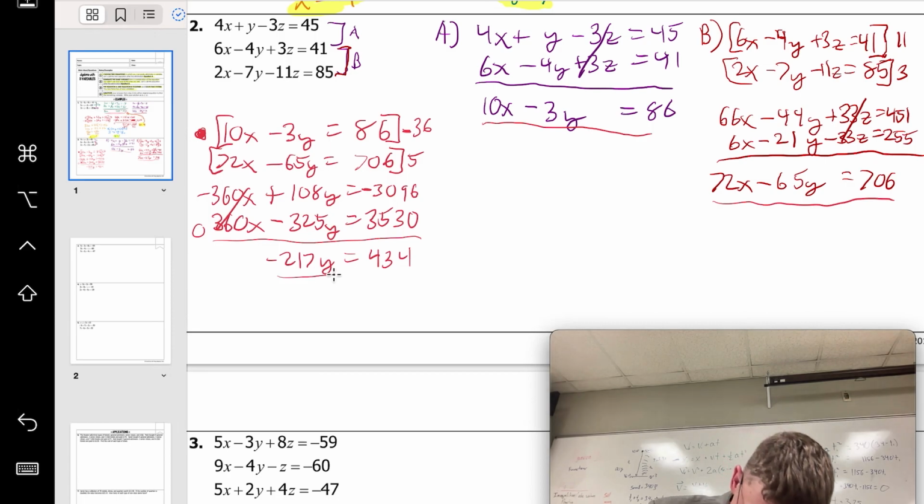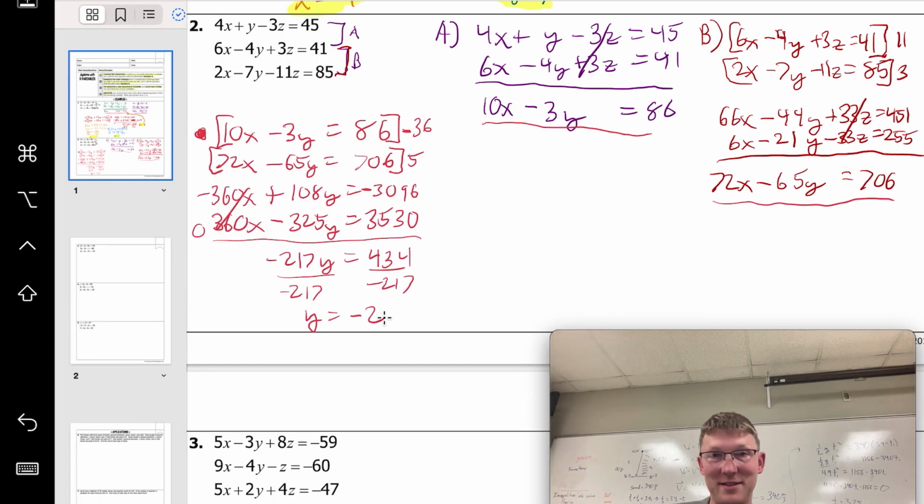Divide both sides by negative 217. So we get y equals negative 2. That's our first variable.